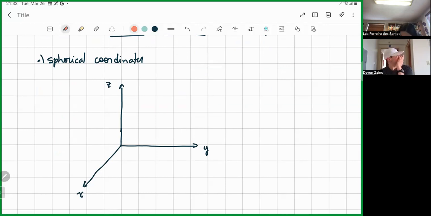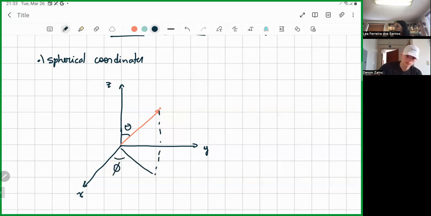Suppose I have a certain vector here. How do we indicate this vector? You need an angle here, the angle theta. You need an angle here, this projection, this angle phi. So this angle here is the polar angle, and this is the azimuthal angle. These are just names, you don't need to know all that. And then we have the size of the vector.